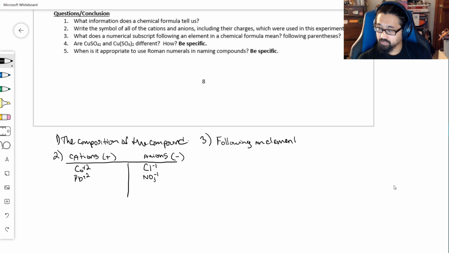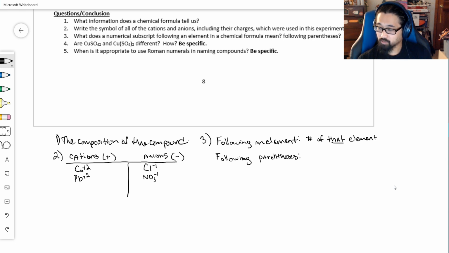So what does it mean when the number follows an element versus when it follows parentheses? When it follows an element, it's the number of that element.